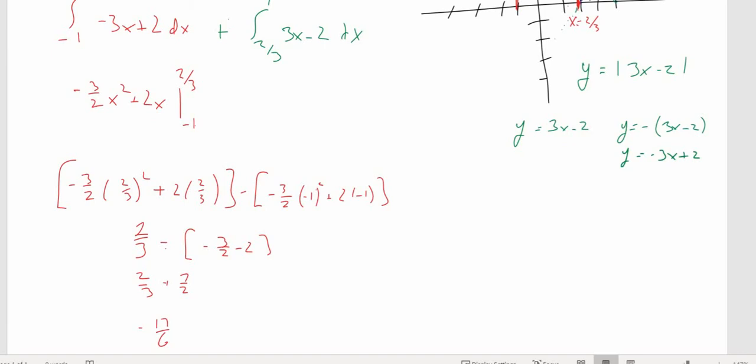Then we have to do the other half of it, of course. So that'll just be 3/2 x squared minus 2x. We'll evaluate that at 2/3 and 4.